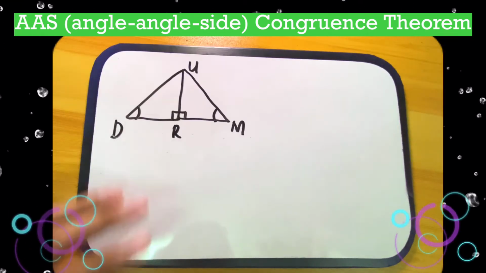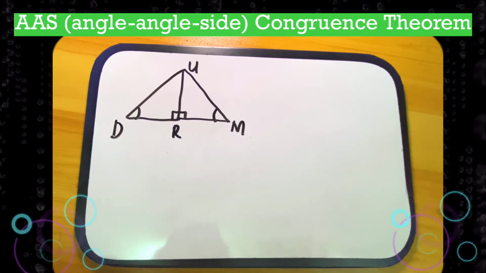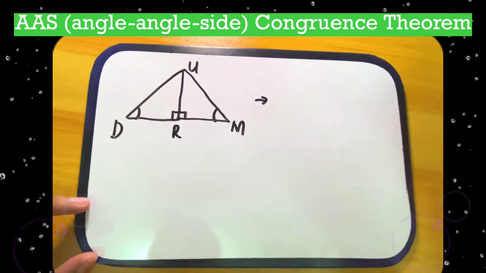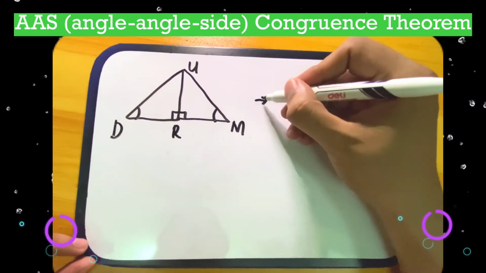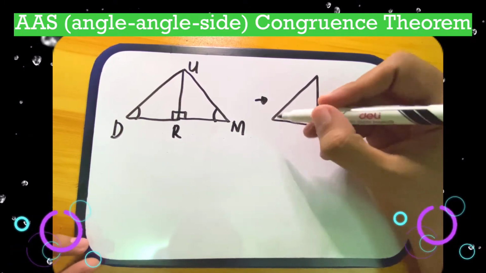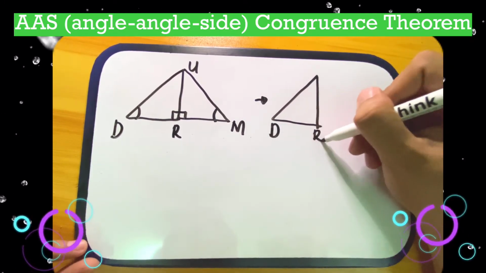Here on the figure, the two triangles were combined. We will separate them to have a clear illustration. The first triangle is DRU.